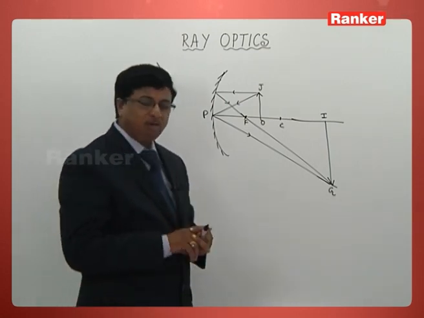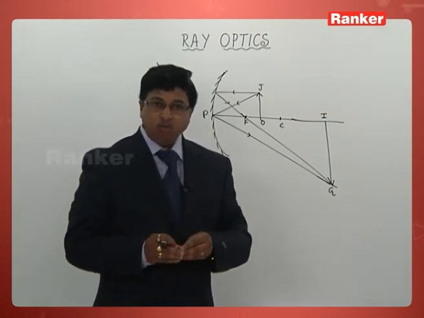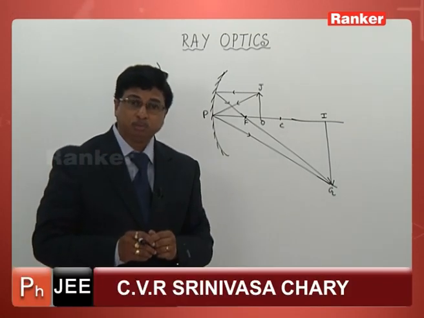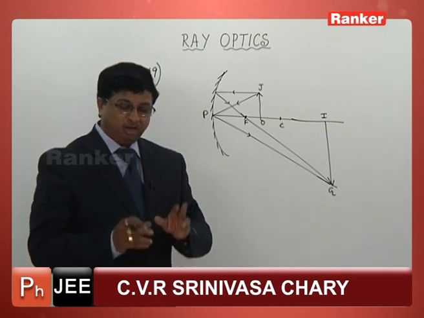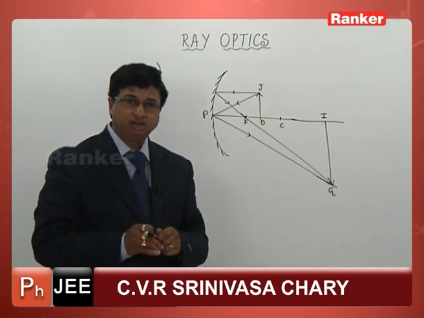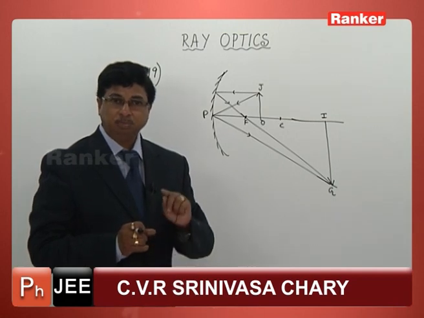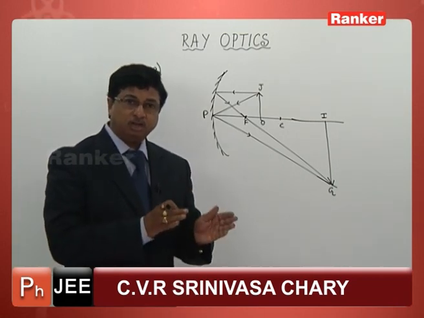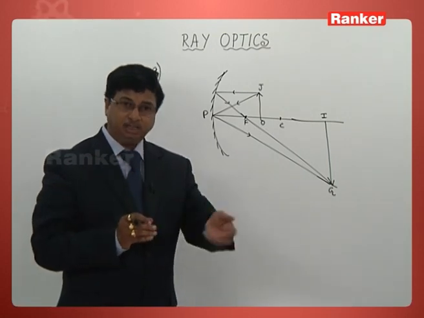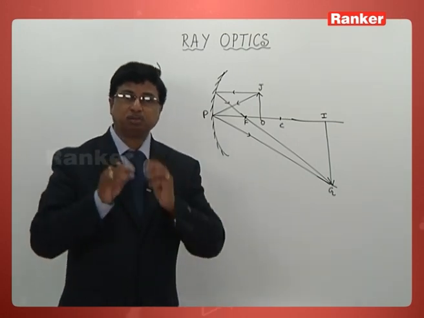In fact, you know very well water is a different medium. Compared to air, water's density is more. It is a denser medium than air, we used to consider. The denser medium and rarer medium concept comes into the picture only when the ray of light is refracting there. I repeat once again, denser and rarer media and the influence of these types of media will be there on light only when refraction of light is taking place.